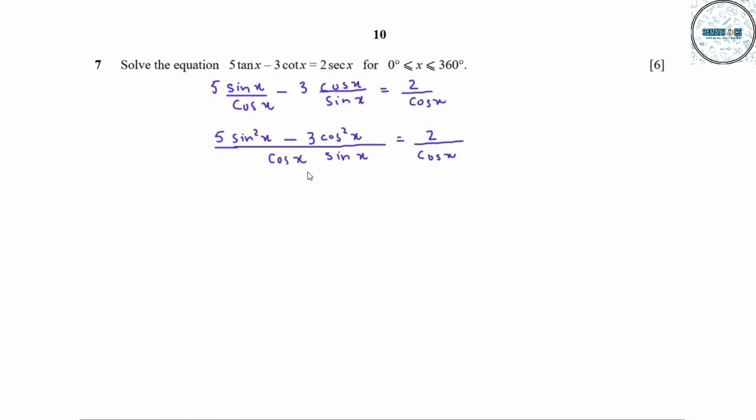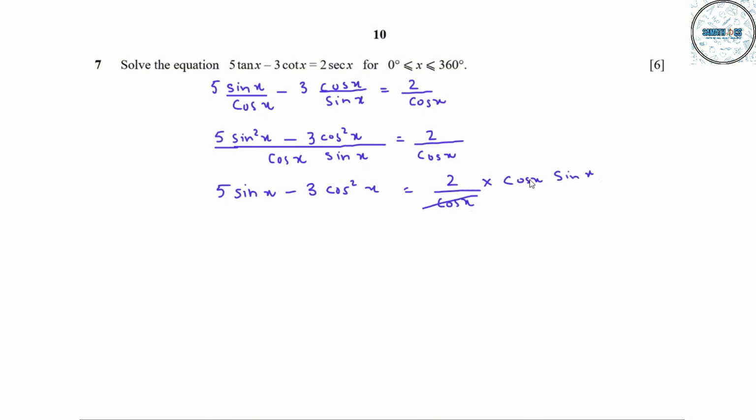Now we'll multiply cos x sin x with 2 upon cos x, so we will have 5 sin square x minus 3 cos square x is equal to 2 upon cos x multiplied by cos x into sin x.